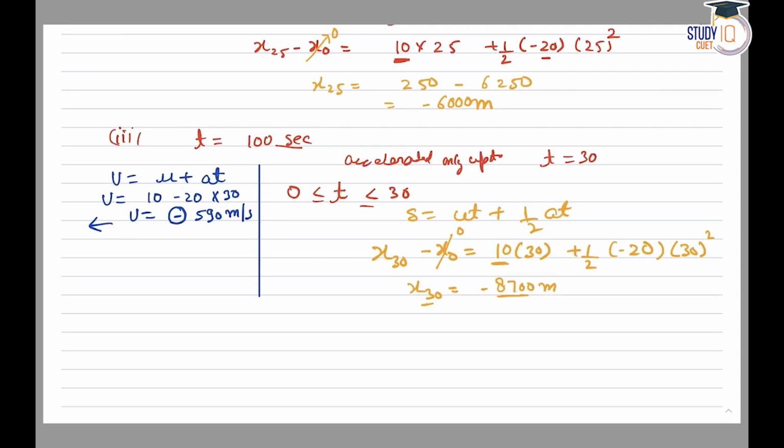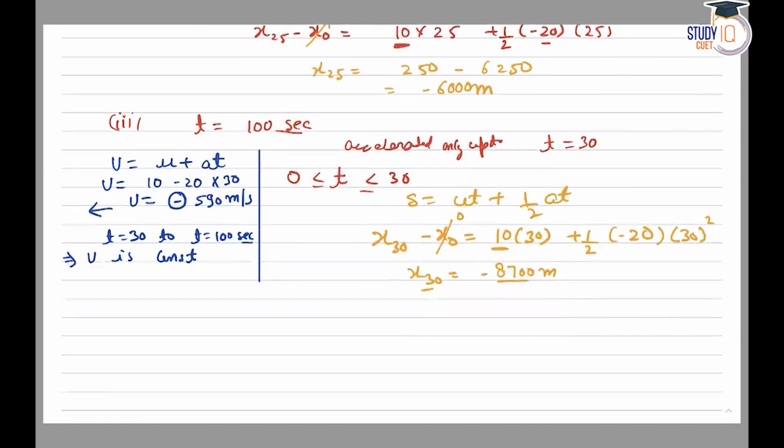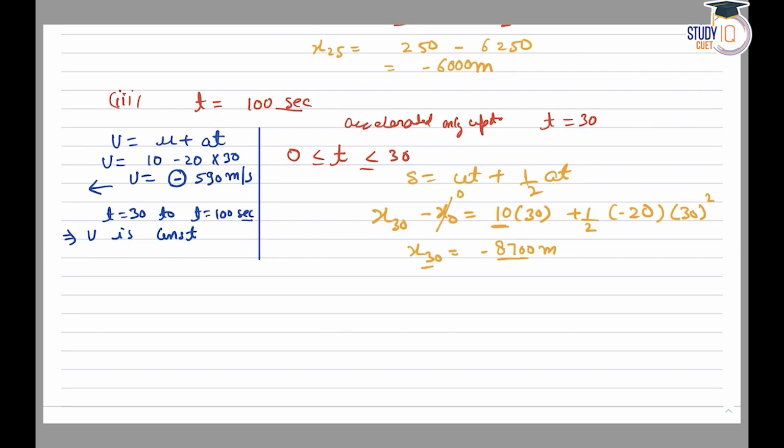So now find out the distance traveled by the particle from t equal to 30 to t equal to 100 second. In this case, v is constant. Now after 30 second, no force is there. This implies that v is constant. So distance traveled by the particle in these next 70 seconds can be found by using d dash is equal to v dash into time t dash.